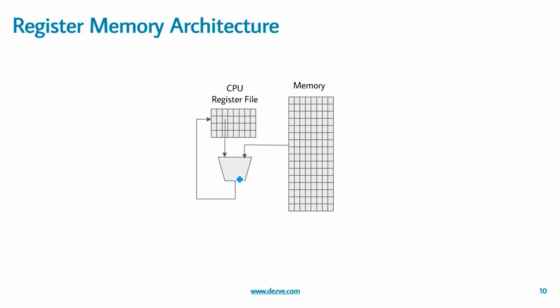Let us talk about register memory architecture. So in this case, one operand is implicitly assumed to be part of the register, and the other operand is from memory.